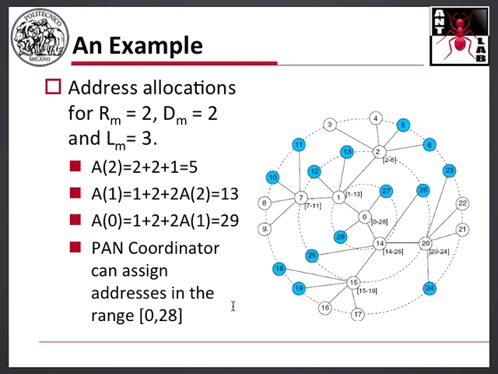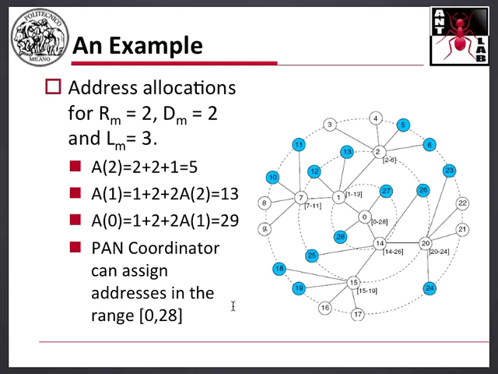So A of 2, which means all the routers which are at the second last layer, they only need addresses for themselves and their children. That's it. So they only need one address for themselves and one address for all the children of this guy which belong to the last layer.